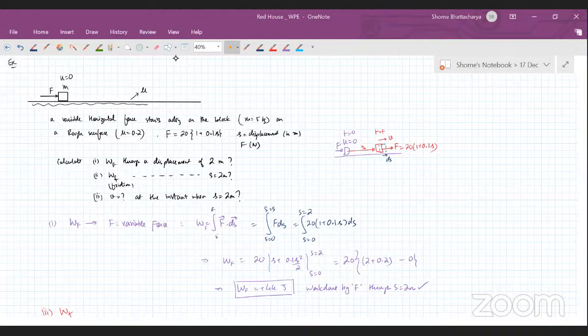Yeah, Naman, the work done by friction will be negative.